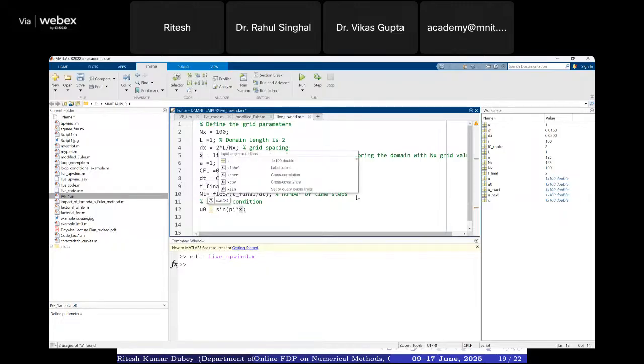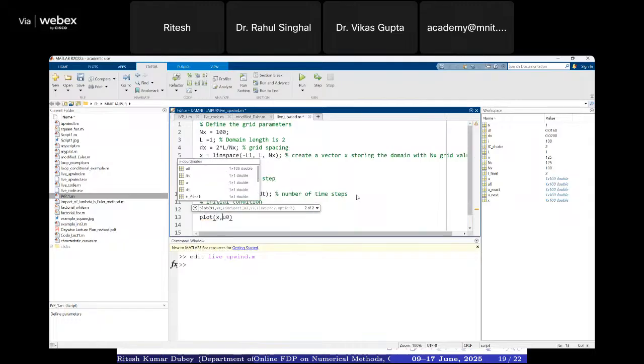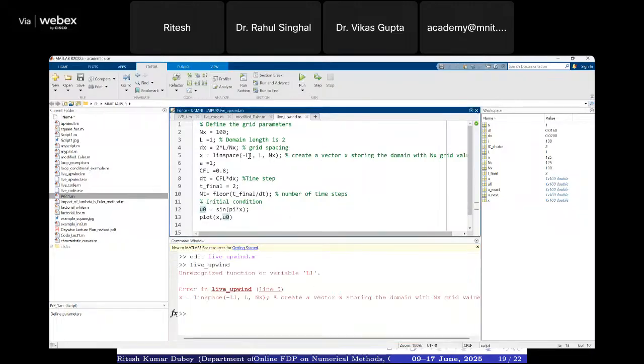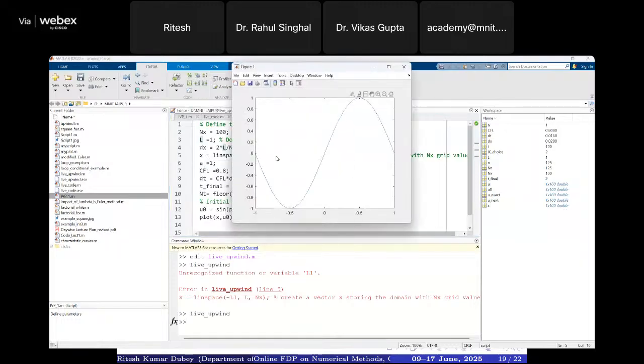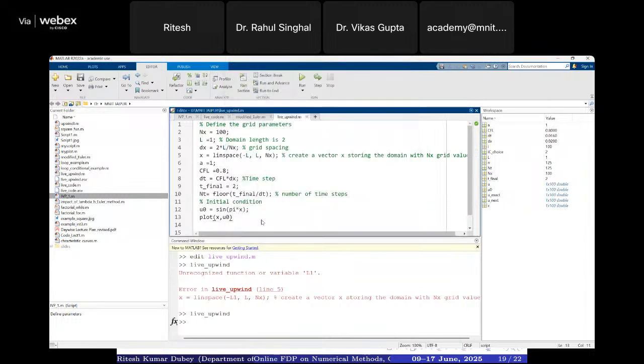If I want to see how this is looking at the moment, I run this code. Okay, I think I have a mistake here. Okay, so this is the initial condition which we have taken, or you can say this is the initial solution of our problem. So now this is okay. We are good to go.